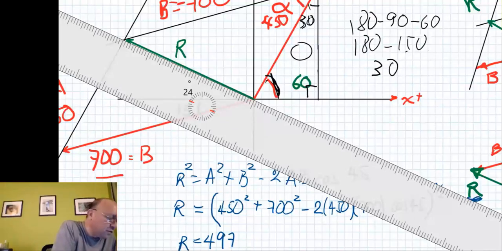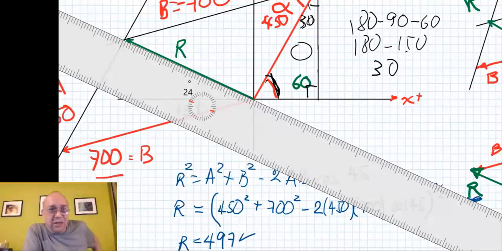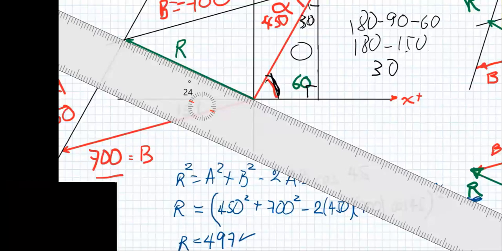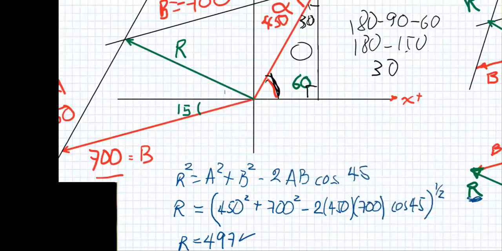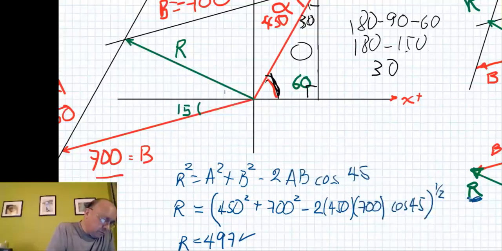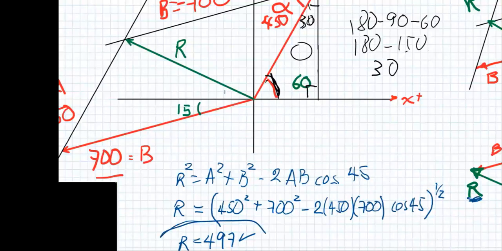Yeah, so this looks good. I like it. See, I did a check with my graph. Okay, so we agree, 497. Now let's get the angle.